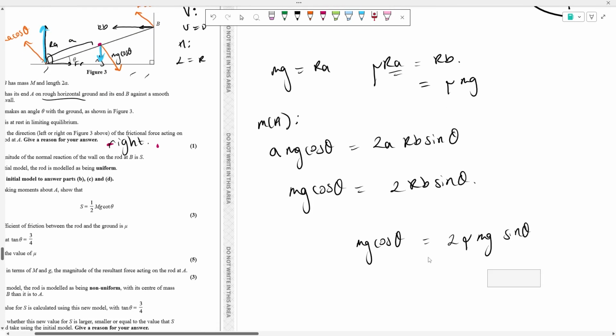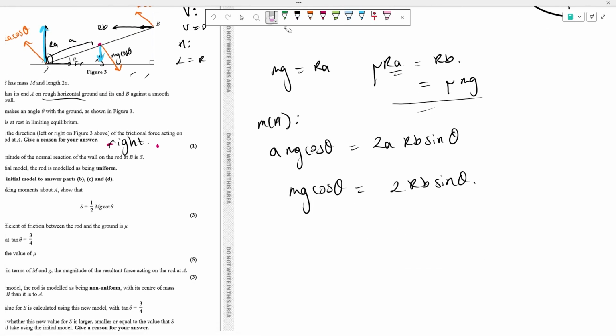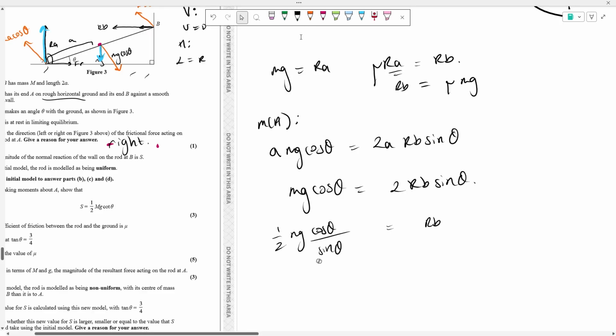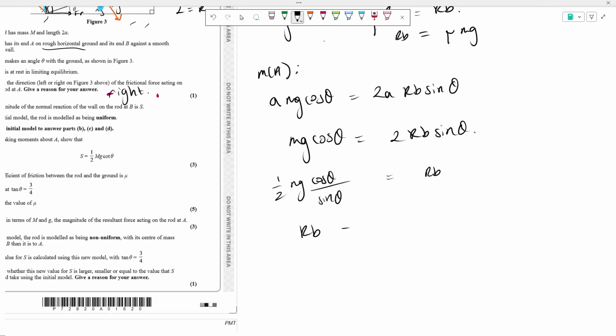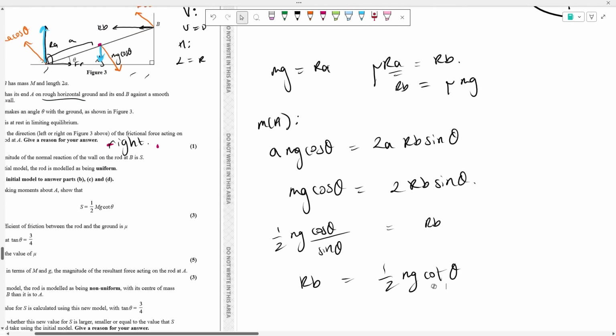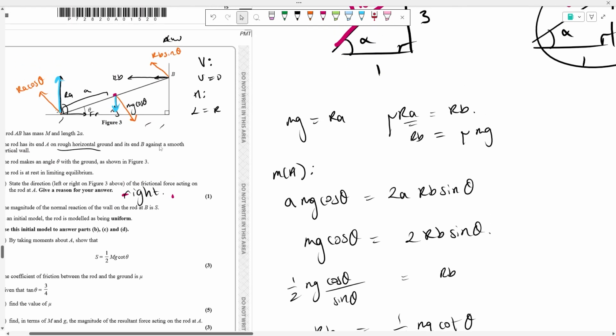So let's go ahead and rearrange for Rb first, and then we'll worry about substituting this in. Let me just quickly rearrange for Rb. What we end up with essentially is a half mg cos theta divided by sine theta, and we know that cos theta over sine theta is the same thing as cot theta. That was a very, very easy 3 marks in my opinion, just because we annotated in this perpendicular way.